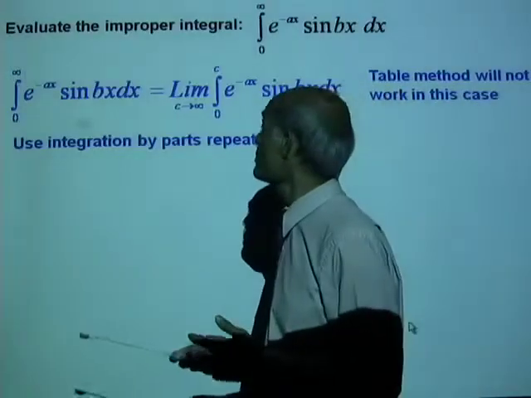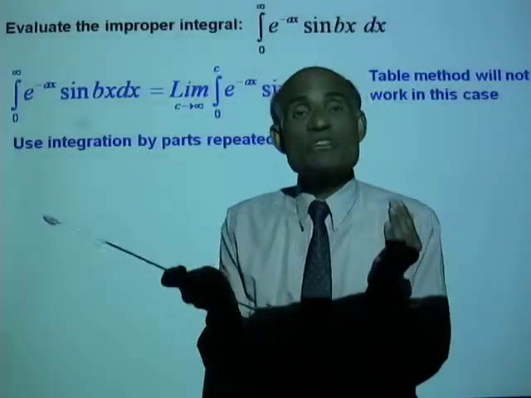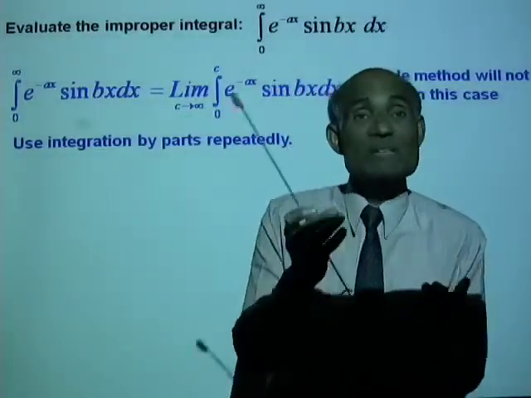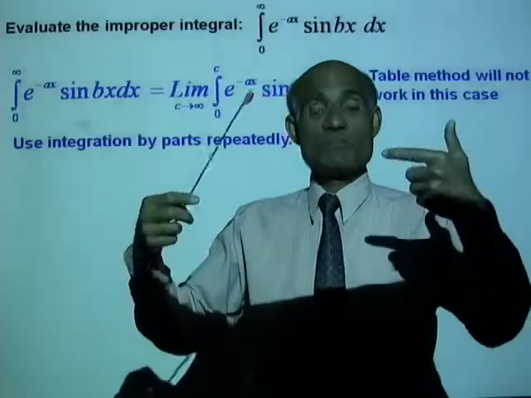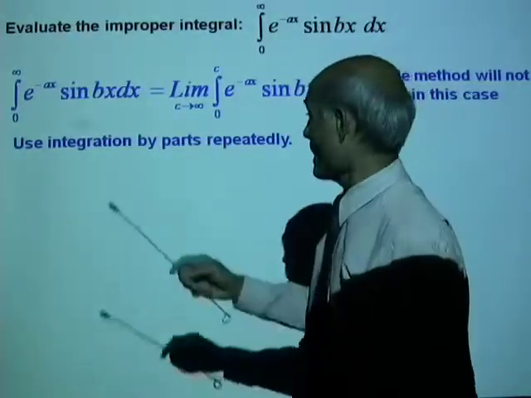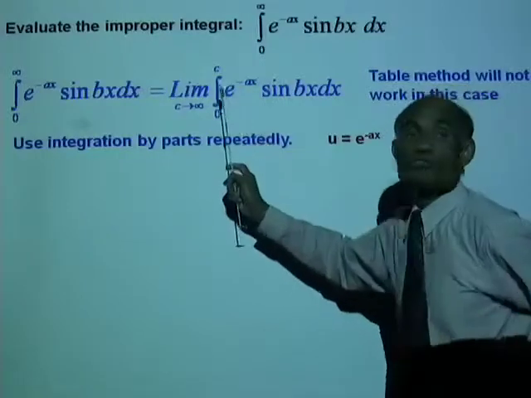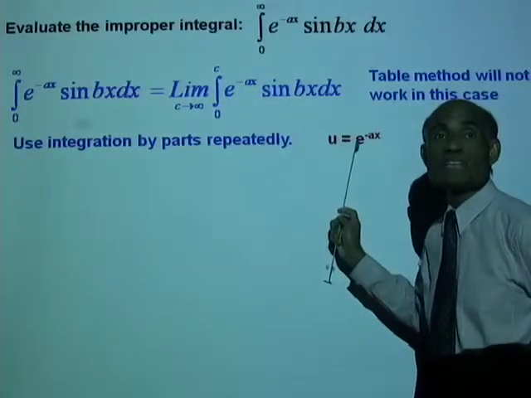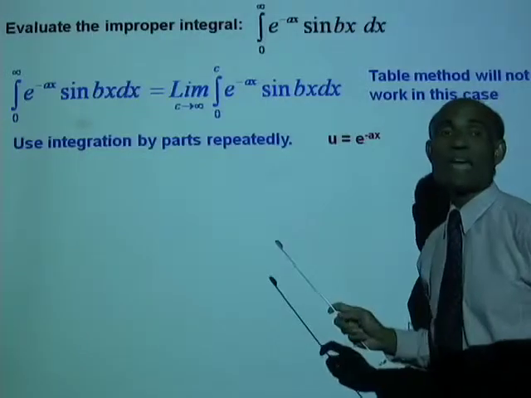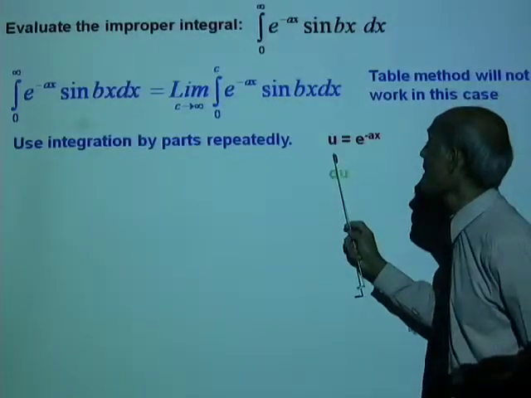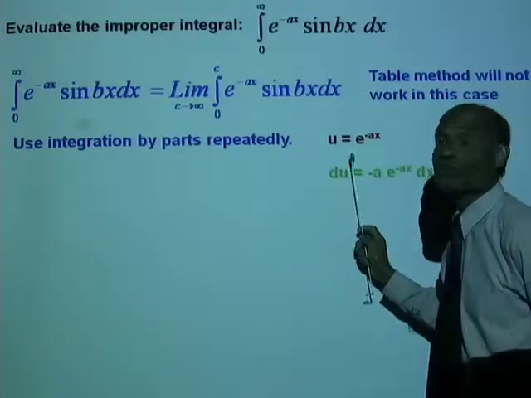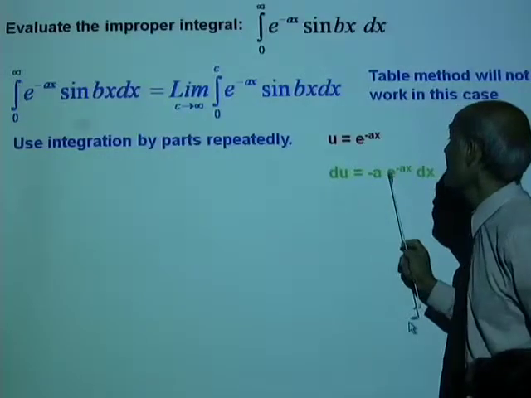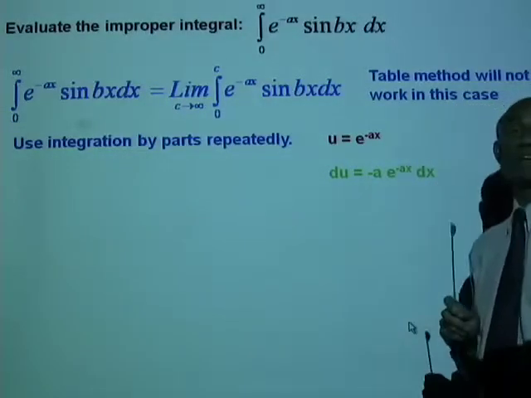So what we're going to do is use integration by parts repeatedly. We will use integration by parts twice. Alright, let's now choose our u and the dv. Our u is e to the power of negative ax. Therefore, what is our du? du is negative a e to the power of negative ax dx.